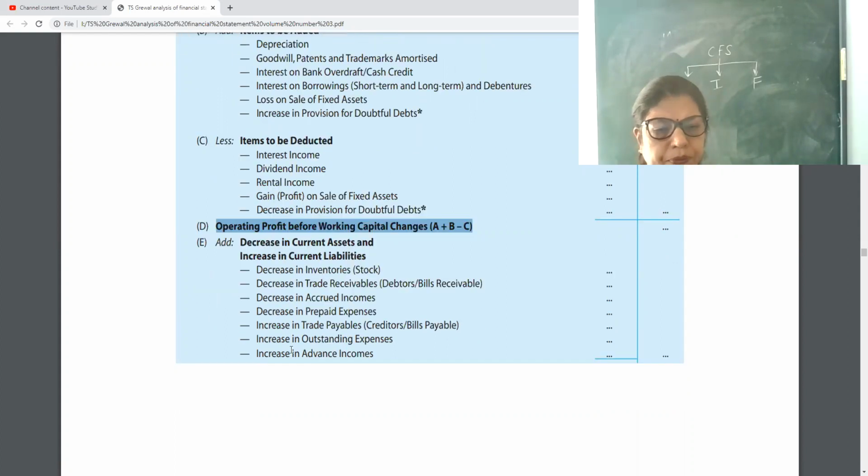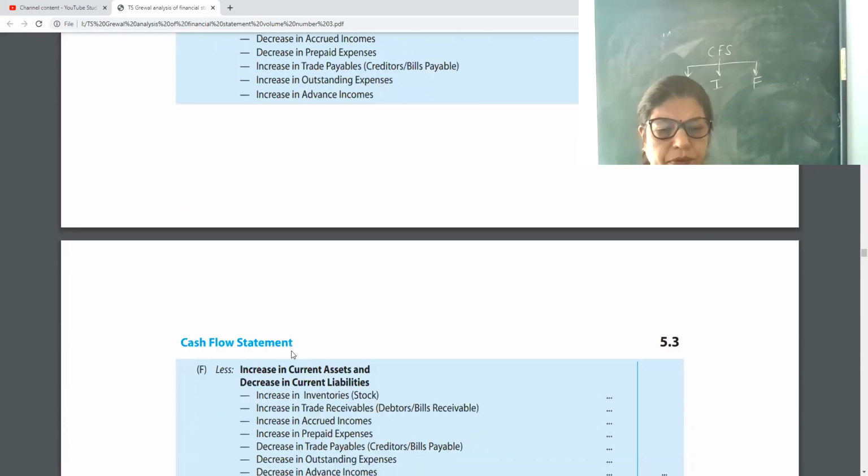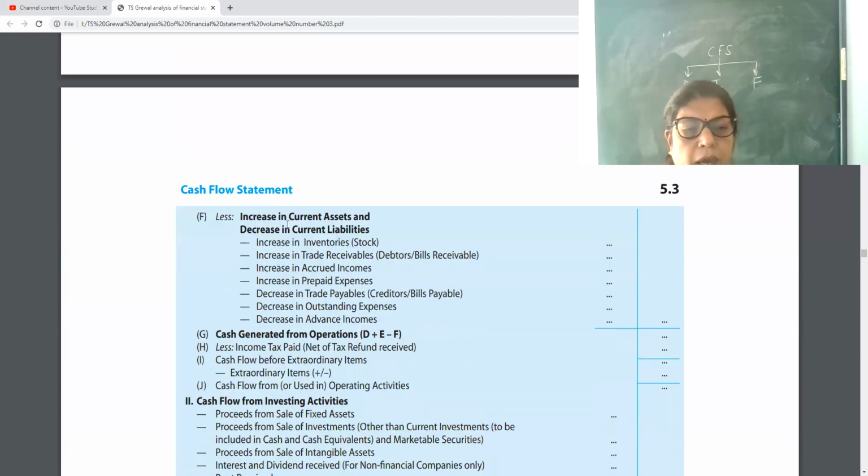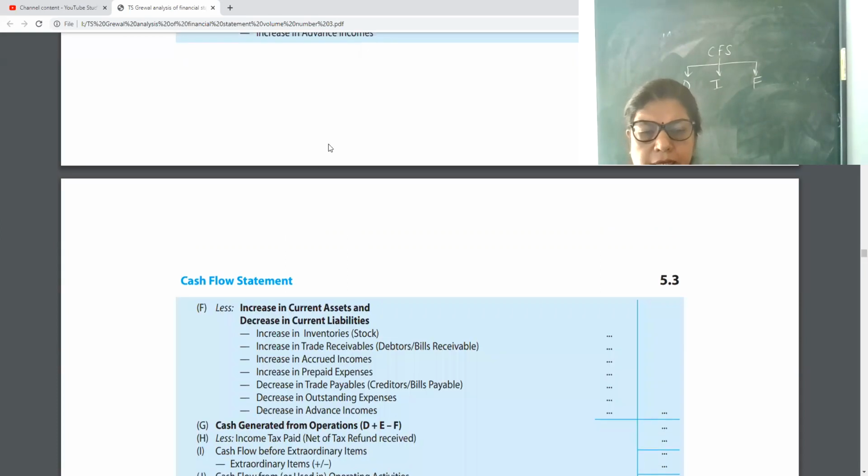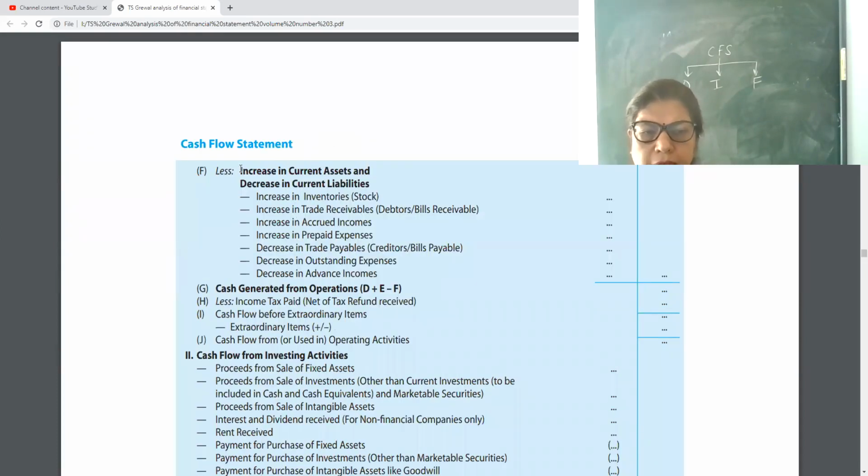Very good. And ICA, DCL will be subtracted. So when we take OPBWC square, add DCA, ICL and subtract ICA, DCL, it's easy to learn this way.